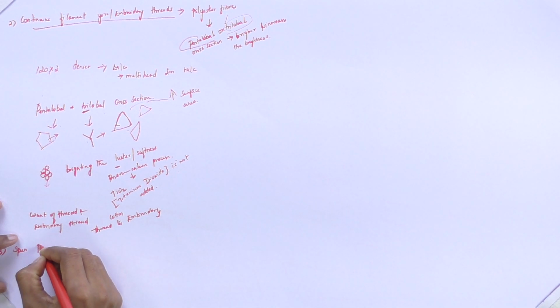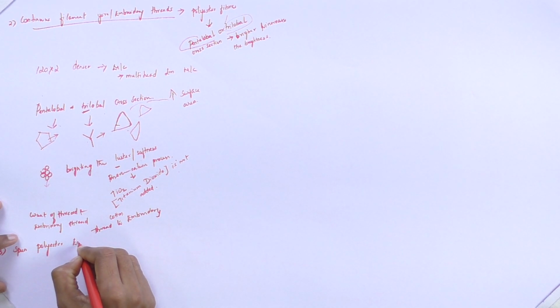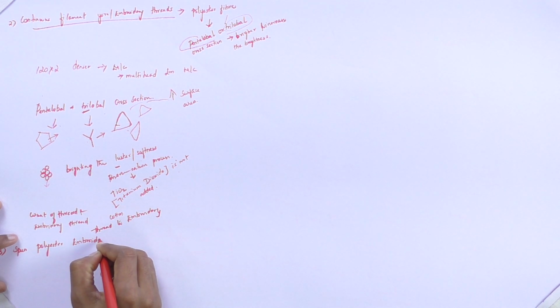That is the need for knowing all these fiber and embroidery details for this surface embellishment course. And coming to the third one, it is spun polyester embroidery threads.